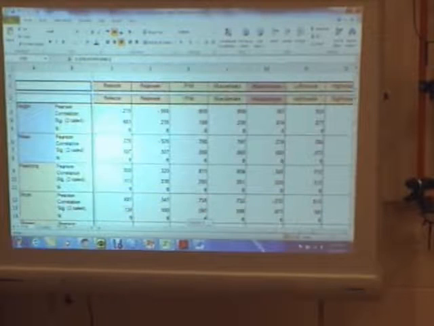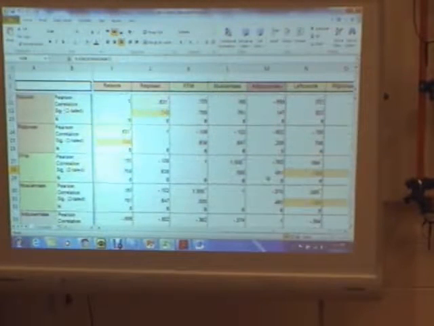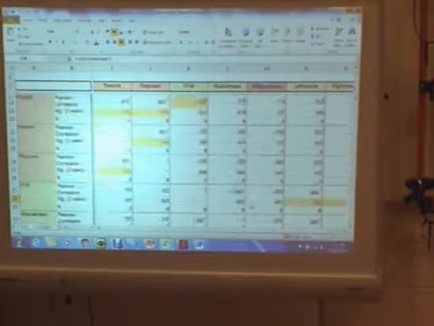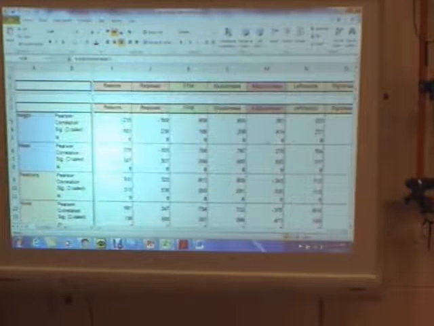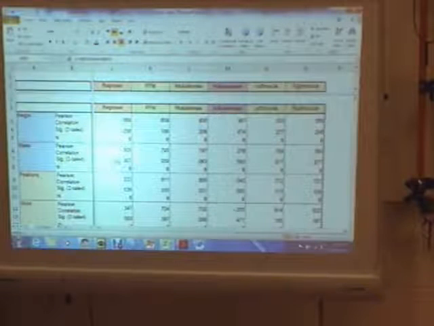And then if we go down here and we look at your fat-free mass to see if it relates to all your body composition ones, you can see there is no relationship to height or to mass, because these p-values are all bigger than 0.05.